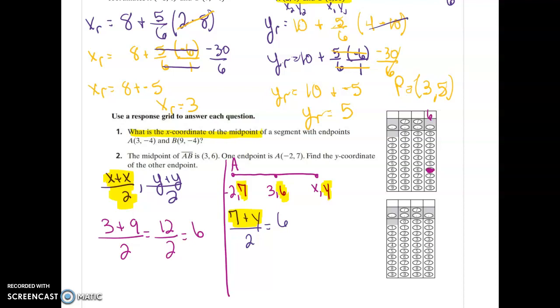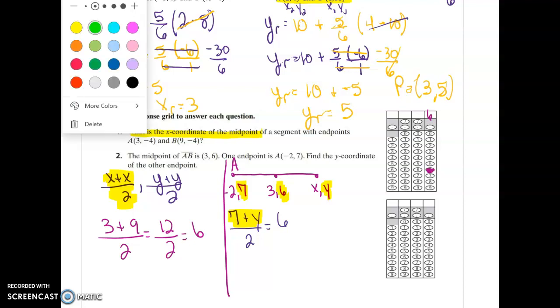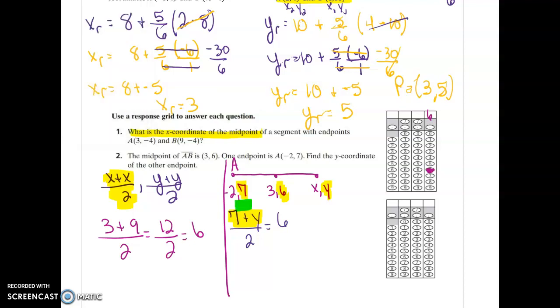Well, that would mean this numerator here would have to be worth 12. This is kind of the more common sense way to think about it. So that means 7 plus some number will make 12. And then if I just subtract my 7 over, I'll realize that it's 5.